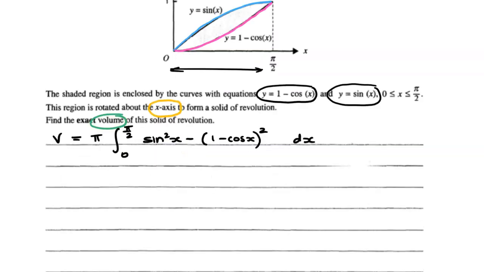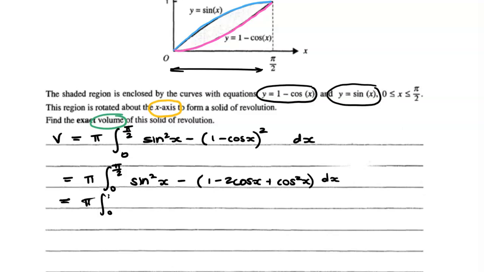So there are a few ways you can go about doing this. I think I'm going to expand out that second bracket and see if I can neaten things up a little bit. Okay, so we've expanded that out. Now we've got a sine squared x, and we've got minus 1 plus 2 cos x minus cos squared x.